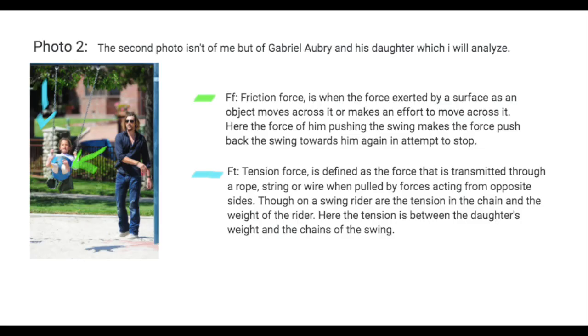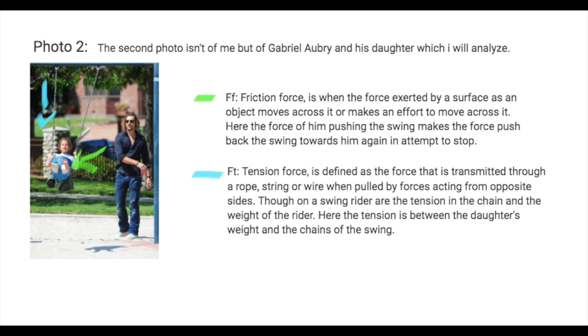This is photo 2. The second photo isn't of me, but of Gabriel Aubrey and his daughter, which I will analyze. And as you can see in this photo, friction force and tension force are present. Friction force, or FF, is the force exerted by a surface as an object moves across it or makes an effort to move across it.